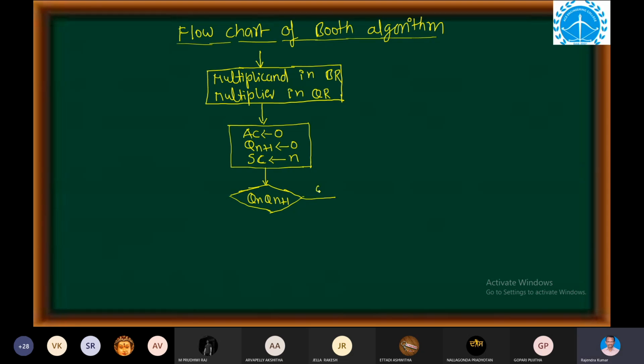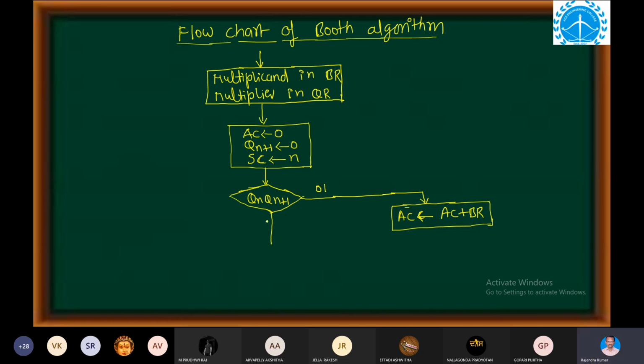If it is 0, 1, then I will perform the addition, that is AC plus BR. That means the accumulator plus the BR register contents will be added and the result is stored in the accumulator.